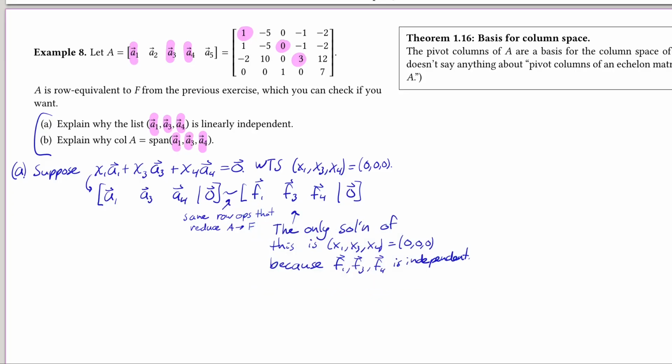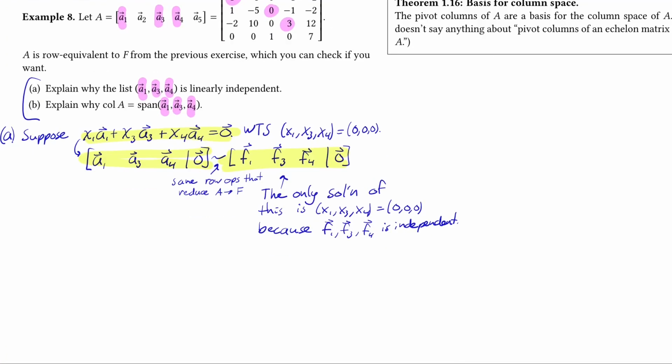And we also know that this system is equivalent to this system, not just row equivalent, but also it has the same solution set because we did Gaussian row operations to get them there. So, yeah. So that shows that we have got that.